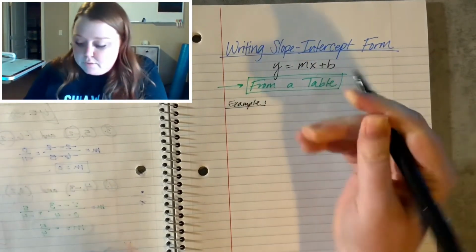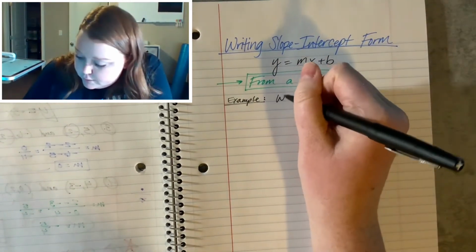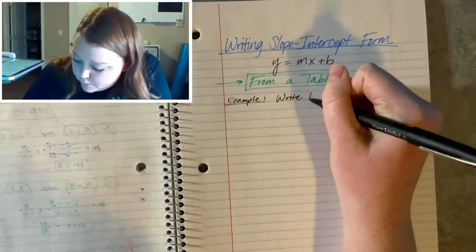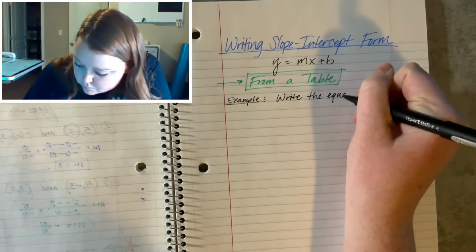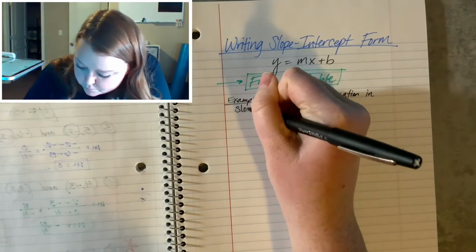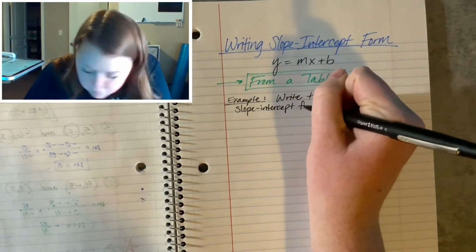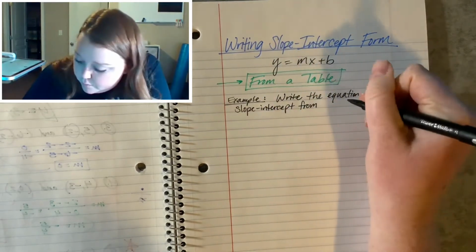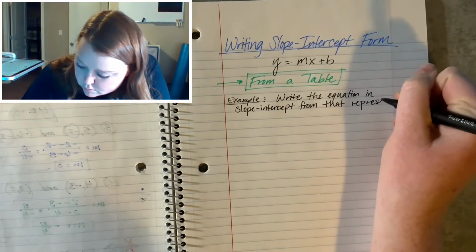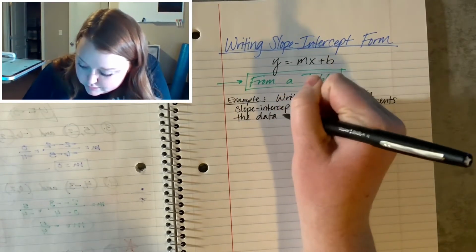We usually do the first example full out, right? So it says, write the equation of the line in slope-intercept form that represents the data in the table.